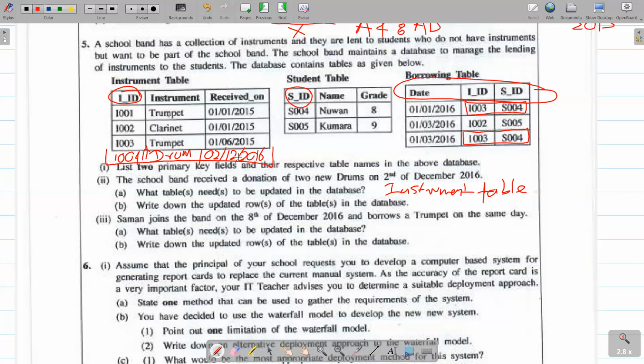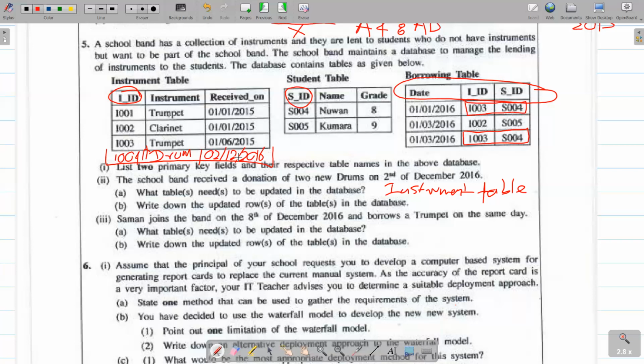So likewise, it needs to be updated. Part B says write down the updated rows of the table in the database. So we have said what kind of table needs to be updated, and how we are going to insert the data accordingly.